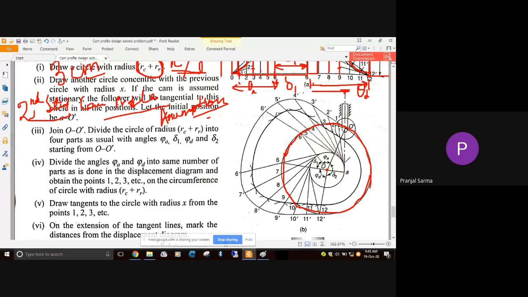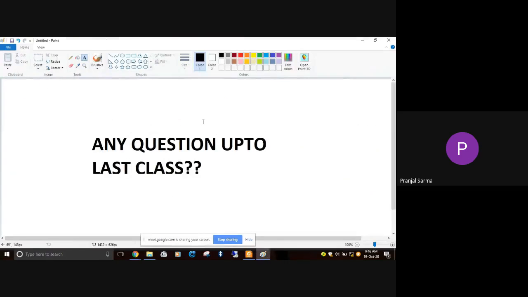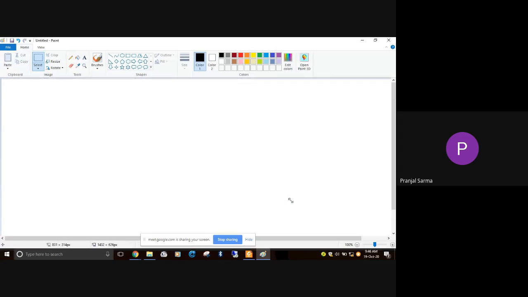Now we know that it's a roller follower, but is it an inline type of roller follower or an offset type? Offset, sir. Correct, offset. That means it is not actually passing through the center.